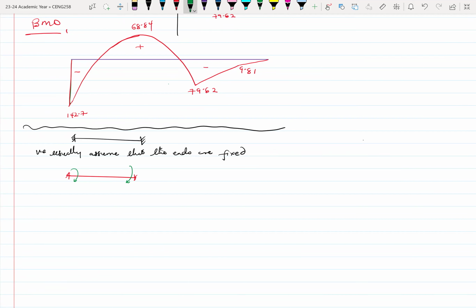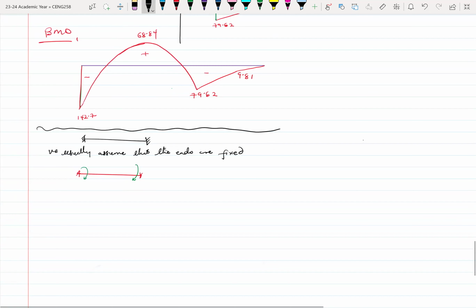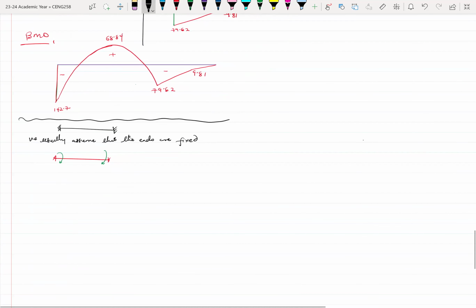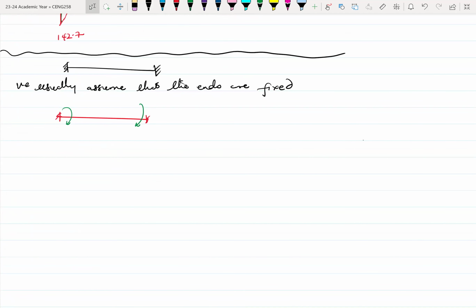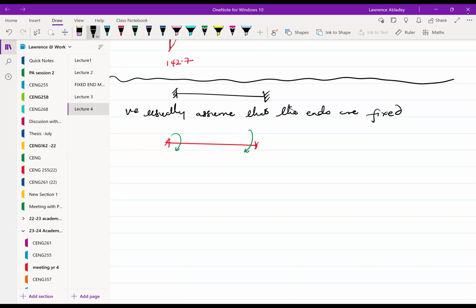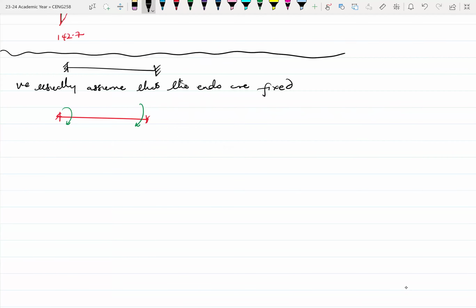But then there are certain cases, as we've seen with the previous example, where you do have one or two ends being simply supported, right?